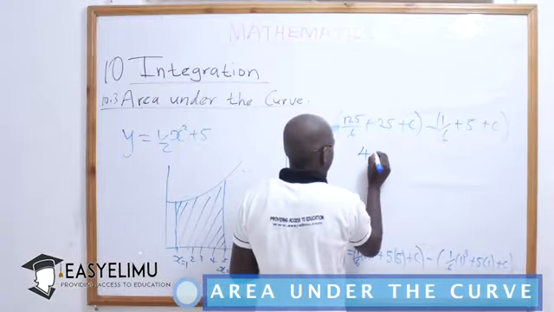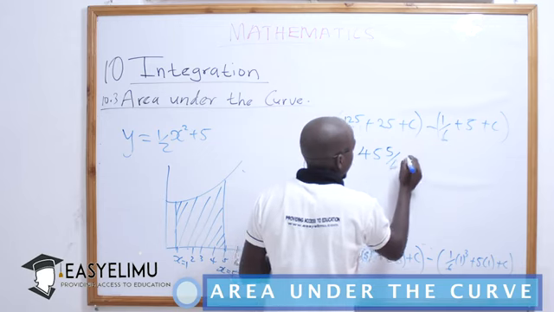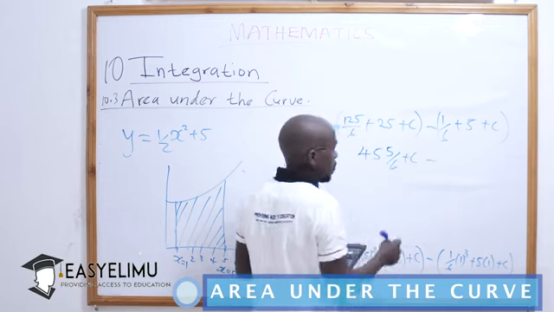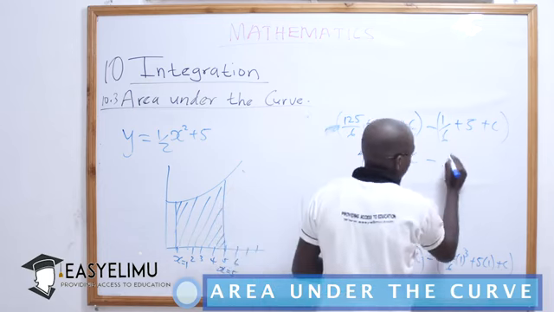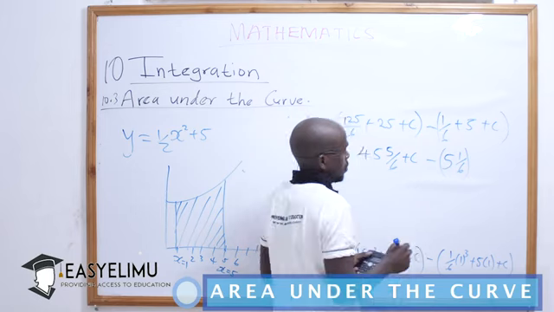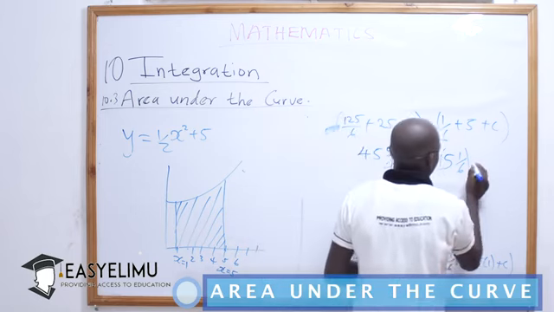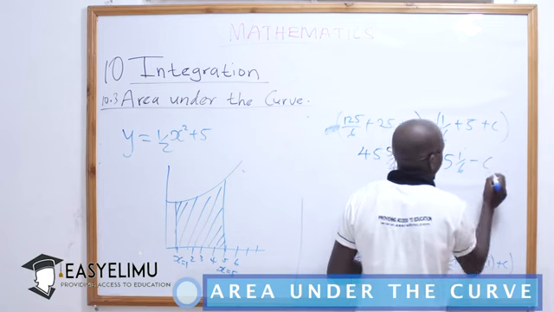This one is giving me 45 5/6 plus c. If I remove the bracket, it's going to give you minus c.